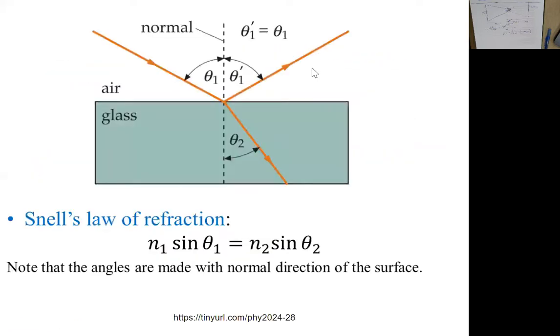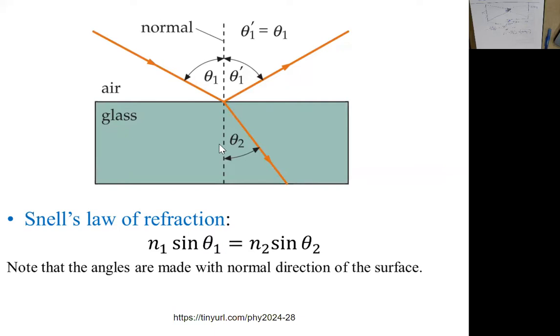If you look back here, n1 sine theta 1 equals n2 sine theta 2. If n2 is greater in the medium, that means the speed of light will decrease, so the refracted beam will be bent towards the normal direction. This is the original incident beam direction, and it's bent towards the normal.